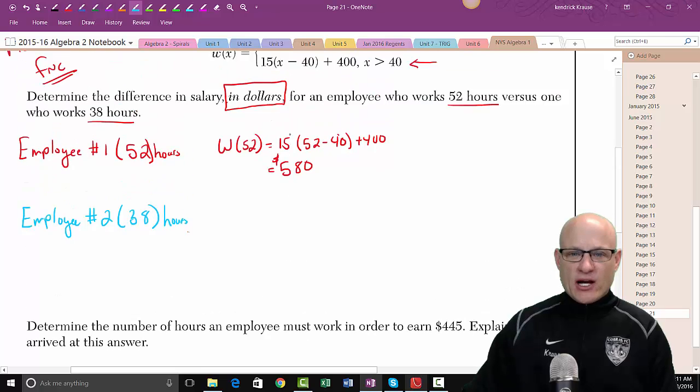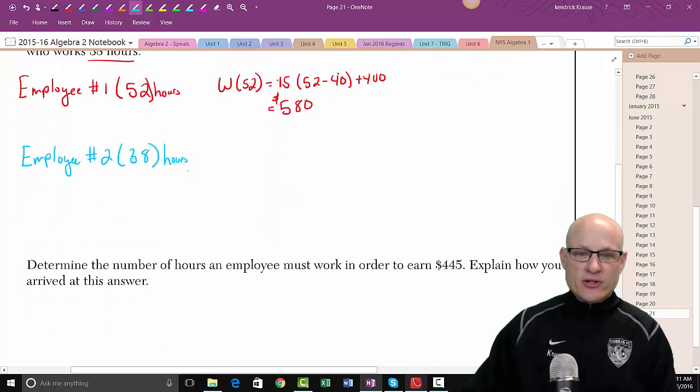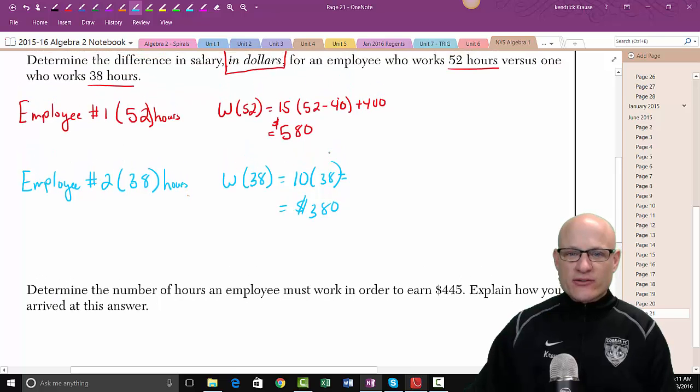So 38 hours is between 0 and 40, so we'll use this straight up simple equation, 10 times x. W of 38 is equal to 10 times 38, and I hope you know that that is $380.